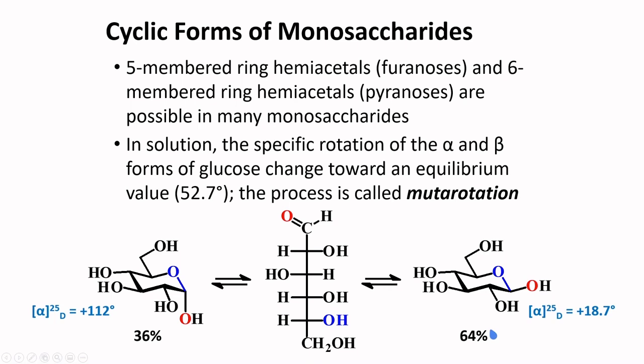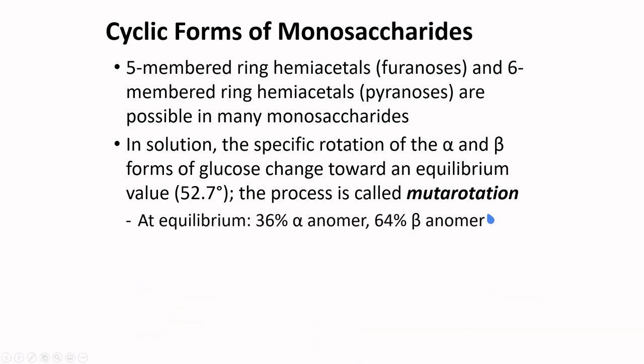This process of change in specific rotation is called mutarotation. This equilibrium process involves the open form of the sugar. At equilibrium, glucose exists around 36% as the alpha anomer and around 64% as beta anomer.